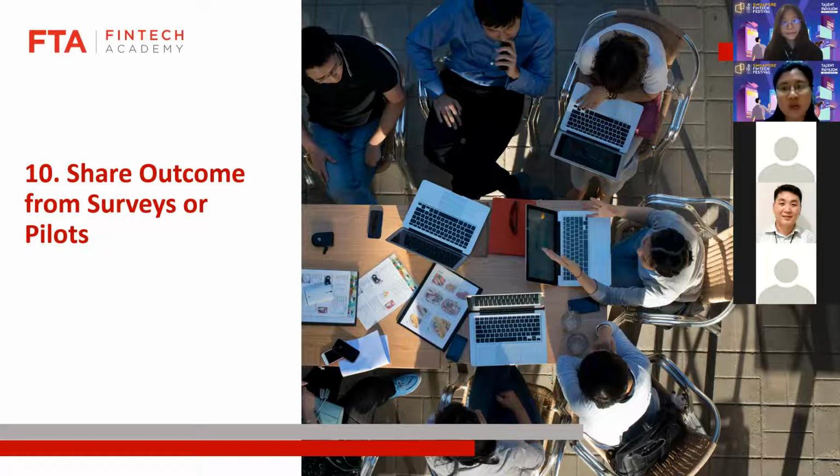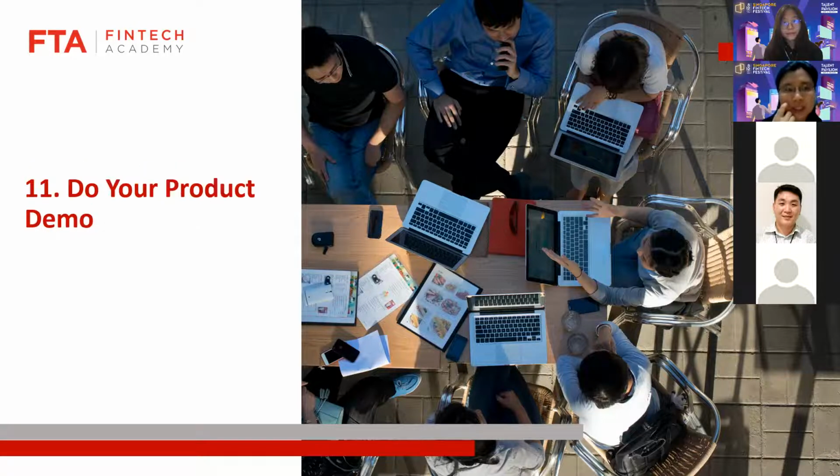We're actually coming to a close as to how a pitch deck should look. On slide 11, this is where you show your product demo. So once the investor is convinced that you have a great solution, great strategy, very convinced by your surveys, at this point, they would be very interested to look at your product.